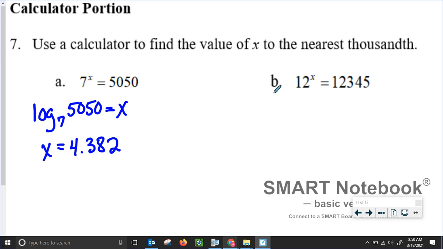All right, do the same thing over here. So we're going to get log base 12 of 12345 is equal to x.